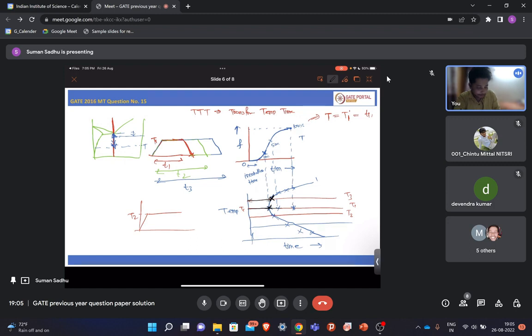Again if you go to a higher temperature, it will be much higher. So that's why you are getting this curve as a C type, where at a certain temperature it will be optimum, where you will get the same fraction of transformation in less time, but at other temperatures we will get the same fraction of transformation at longer time.